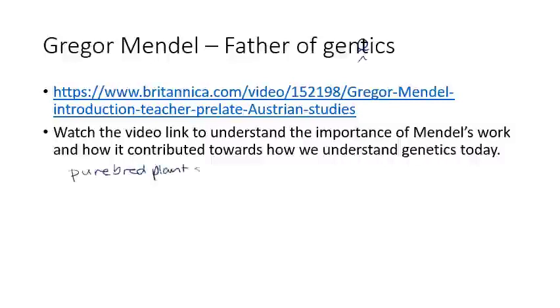Now, what's a purebred plant? It's a plant that when it self-pollinates, in other words, it pollinates with its own kind, itself, the offspring will always look like the parent plant.